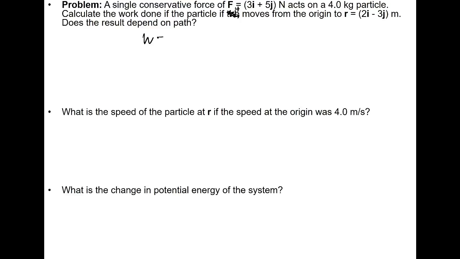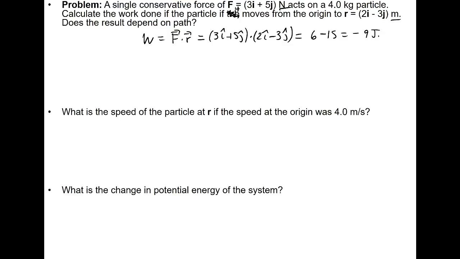So first of all, the work is going to be F dot r. So that's going to be (3i plus 5j) dotted with (2i minus 3j), and we have newtons and meters, so that's going to give us joules. So that's going to give us 6 minus 15, which is negative 9 joules. Okay?